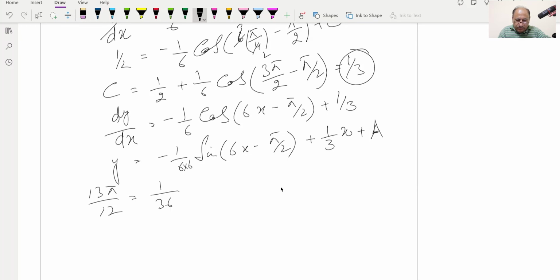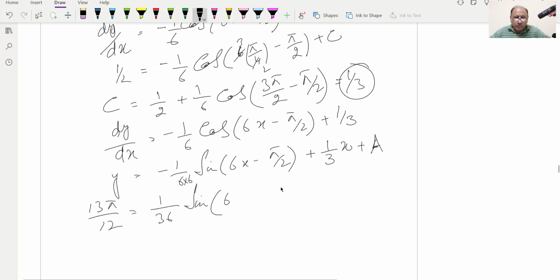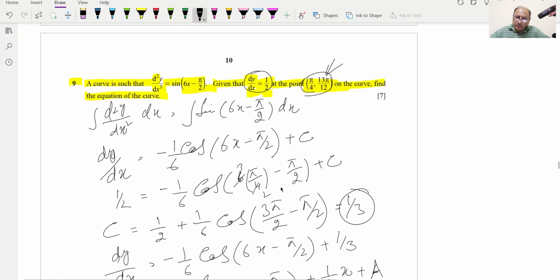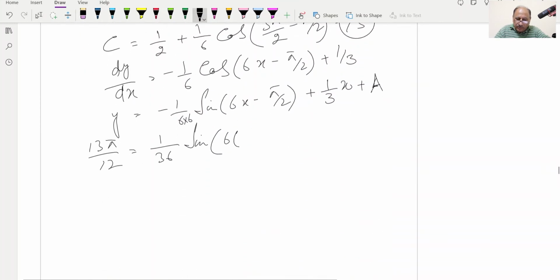1 over 36, 6 sixes are 36, and sine of 6, and x value is what? X value is pi by 4. This value is x, so pi by 4 we can write here pi by 4 minus pi by 2 plus 1 by 3 into pi by 4 plus a, and now we can find a value.